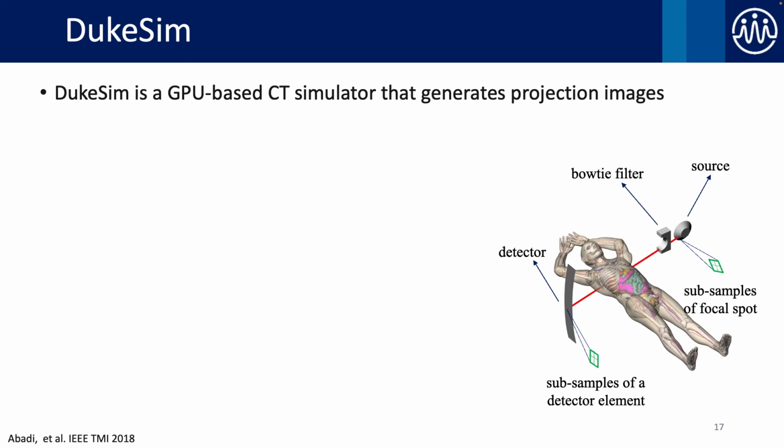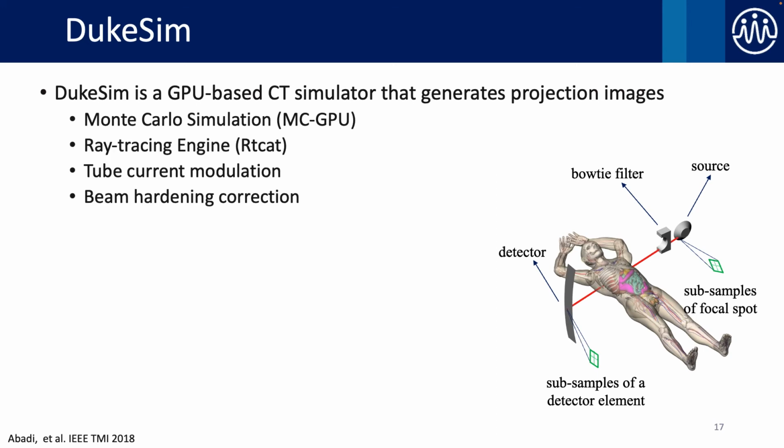We have modeled such a simulator. We call it DukeSim. This is a GPU-based CT simulator that generates projection images. We have two major engines in it. We have a Monte Carlo that calculates the scatter and dose for us, and we have a ray tracing, which calculates the primary signals at the detector. So with those two, we can calculate the sinogram images.